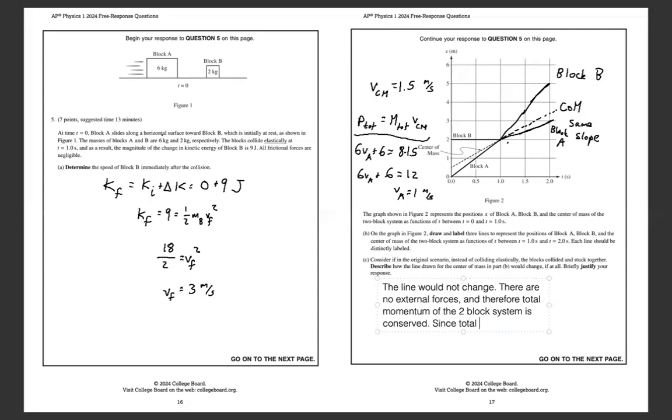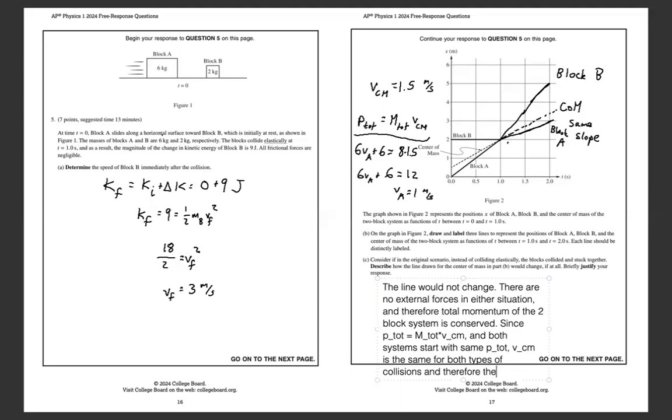Since there are no external forces in either situation, let's say, since P total is equal to mass total times velocity of center of mass, and both systems start with the same total momentum, VCM is the same for both types of collisions, and therefore the line, which has a slope equal to that of VCM, is also the same.